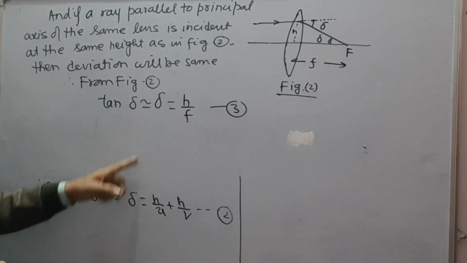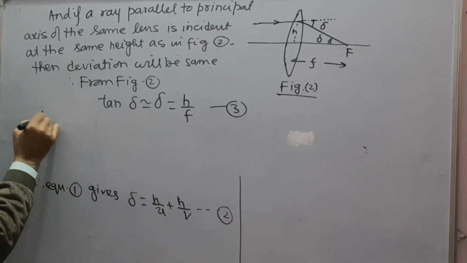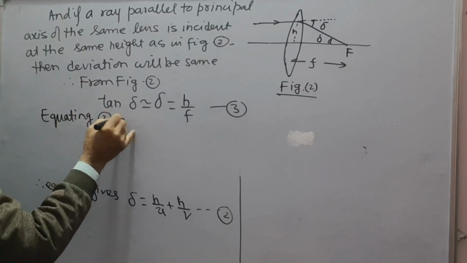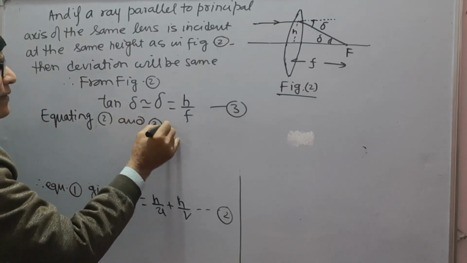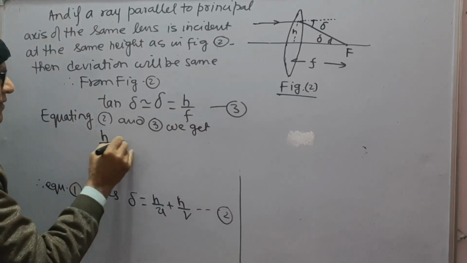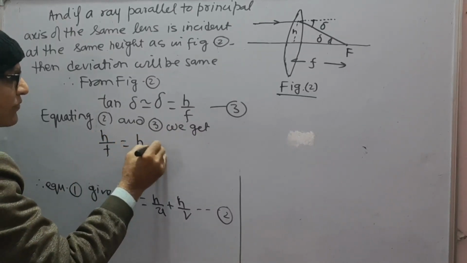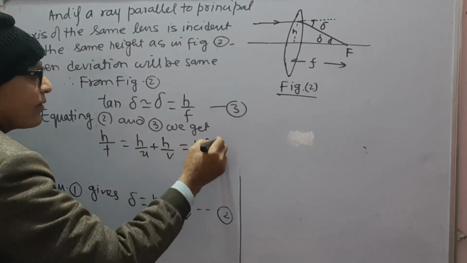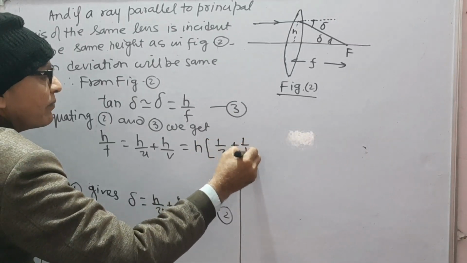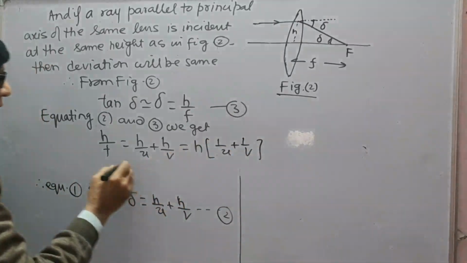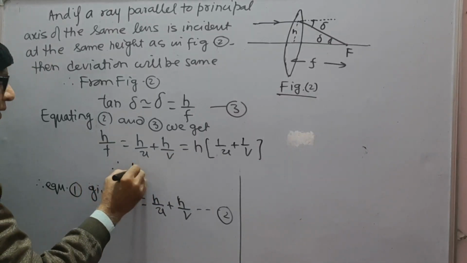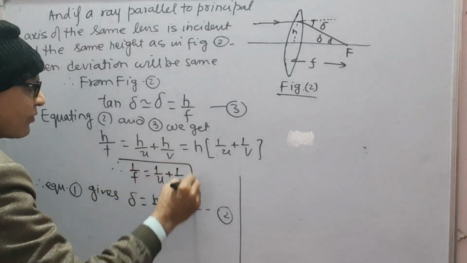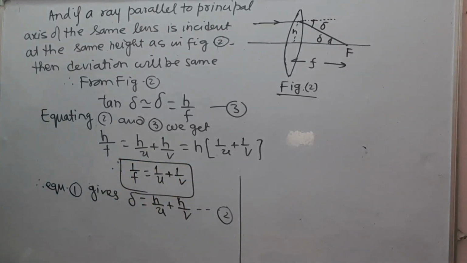Now, equating equations 2 and 3, we get h upon f is equal to h upon u plus h upon v, which may be written as h taken common, 1 upon u plus 1 upon v, which gives 1 upon f is equal to 1 upon u plus 1 upon v, which is the required lens formula.